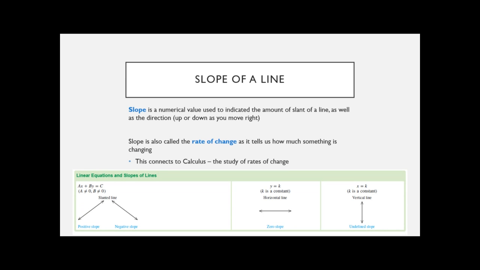And a vertical line has an undefined slope because basically the slant, the steepness, is infinite. So it's really important to know what slope means, what the slope tells you about what the line looks like, and then what the equation looks like. So I mentioned the y equals and the x equals for horizontal and vertical lines. Those are really important and they relate to slope.